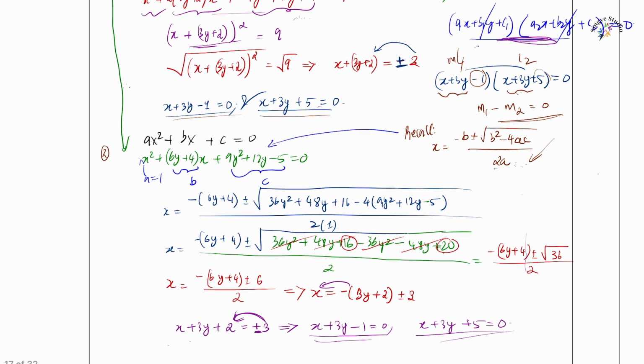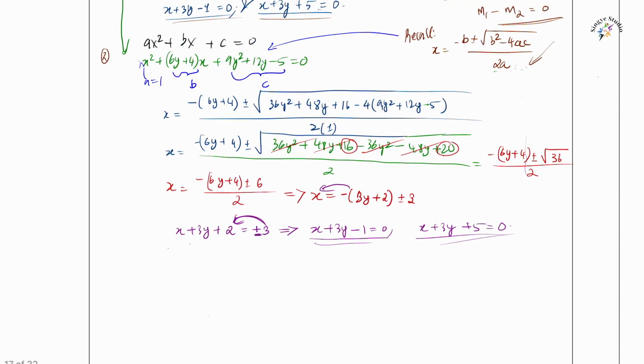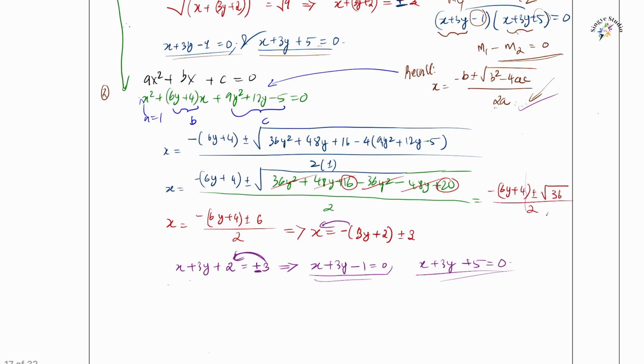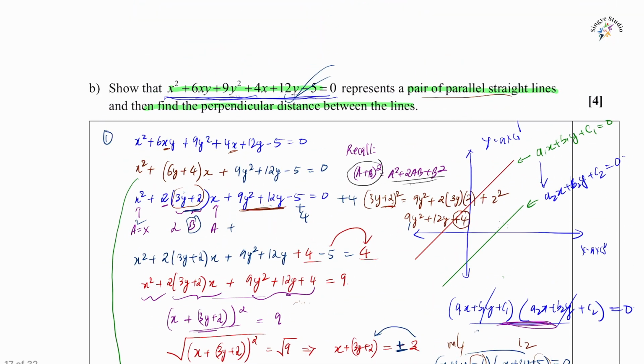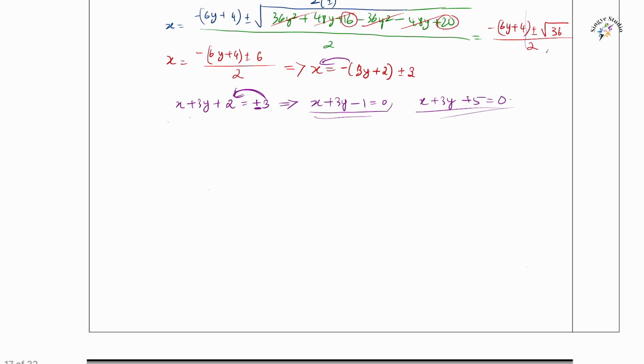Okay, so you can do it in two methods. You can either complete the squares, or you can directly use this quadratic formula to solve this. Now our second part of the question is the perpendicular distance between the lines. We got two lines, and they are parallel in nature.